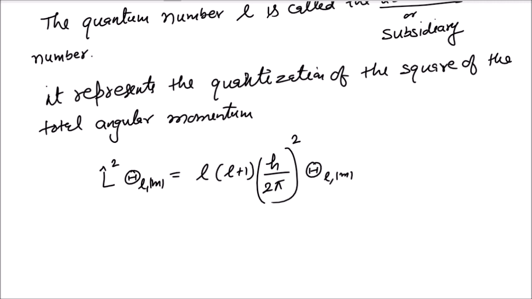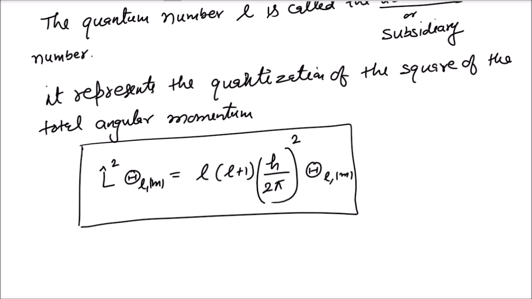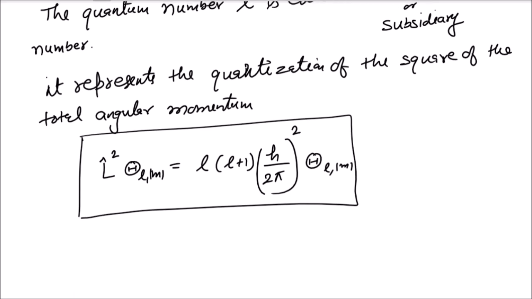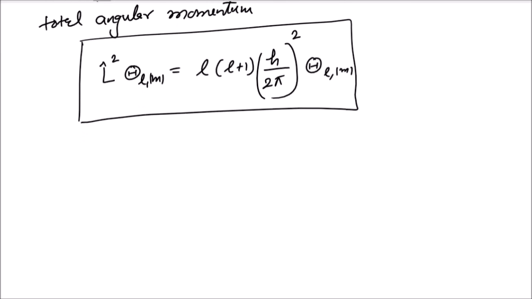So this is the solution of the theta dependent equation, right? That means the permitted value of the square of the angular momentum is L into L plus 1 h square upon 4 pi square. Got it?